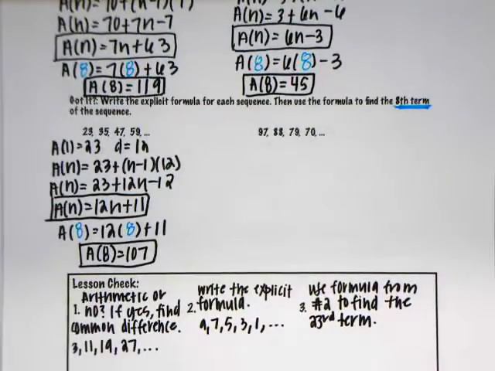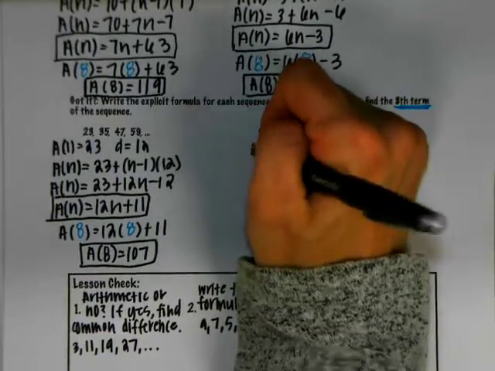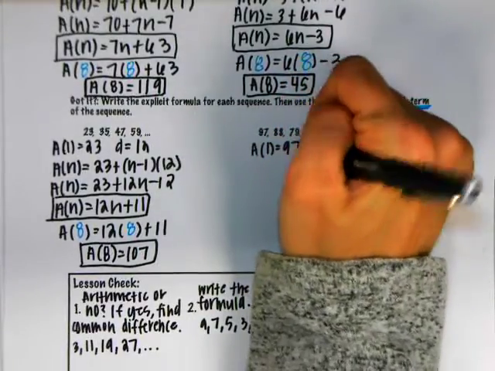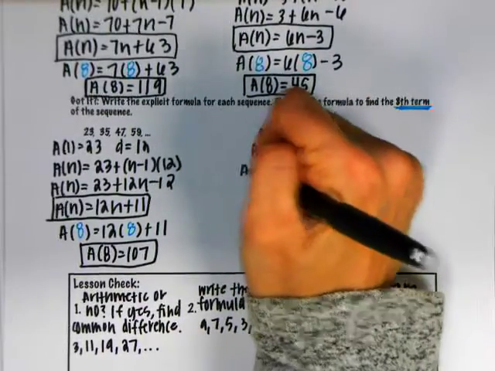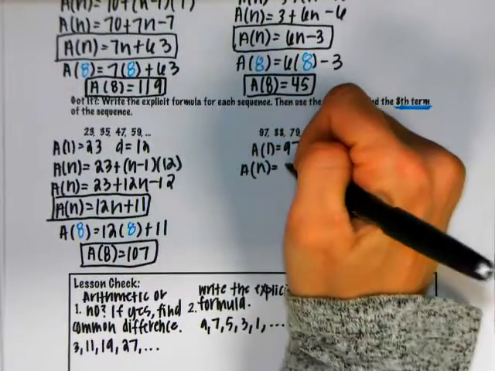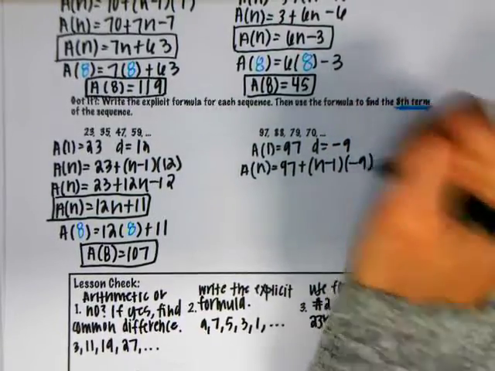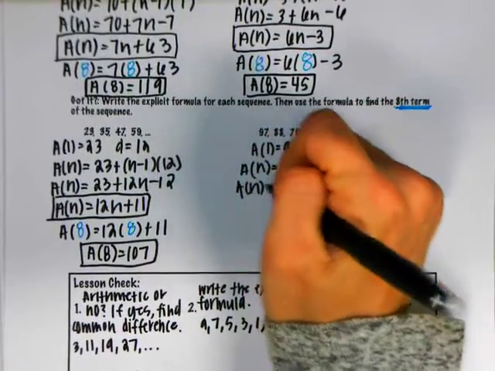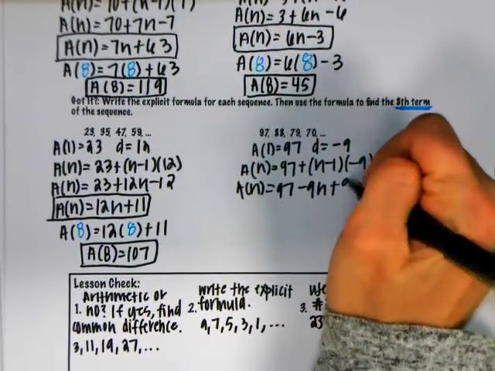Alright. The next one, what's my first term? 97, and common difference? 9. That's going to be negative 9n and a positive 9.